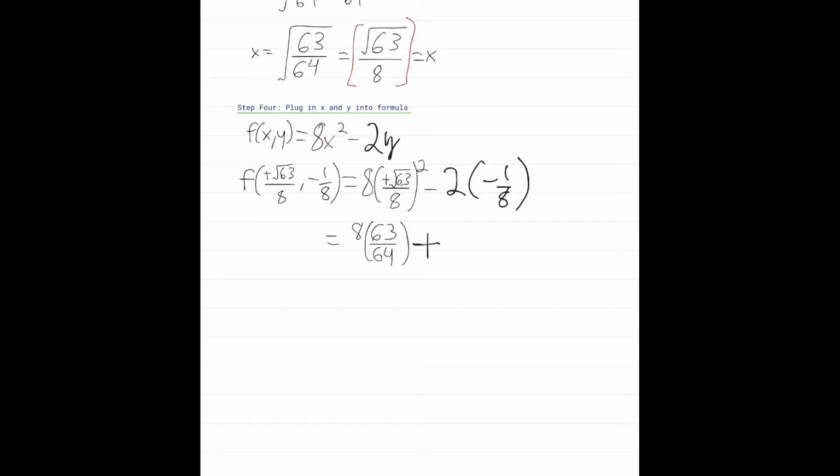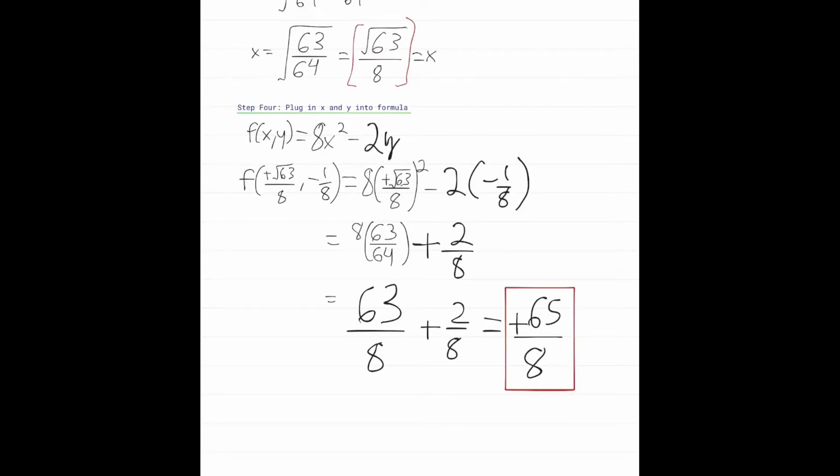Minus, or plus, because we have two negative signs, which is a positive sign, plus 2 over 8. And I'm going to leave it as 2 over 8. Why? Because in the next step, 8 divided by 64 is 1 over 8. So now we have a common denominator of 8. So 63 over 8 plus 2 over 8 gives us a final answer of positive 65 over 8.